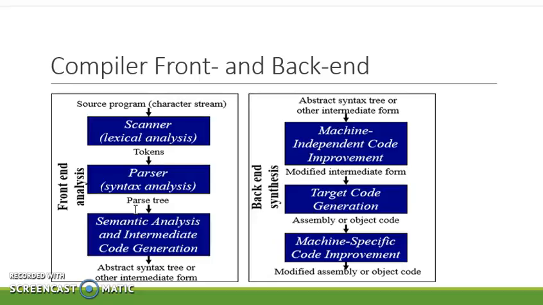The scanner, parser, and semantic analysis are organized as the front end. The machine-independent code improvement, target code generation, and machine-specific improvement are maintained as the back end. The analysis is done in the front end and the synthesis in the back end, whereby the source program is converted into intermediate form in the front-end analysis, and the intermediate form is converted into assembly or object code in the back-end synthesis.